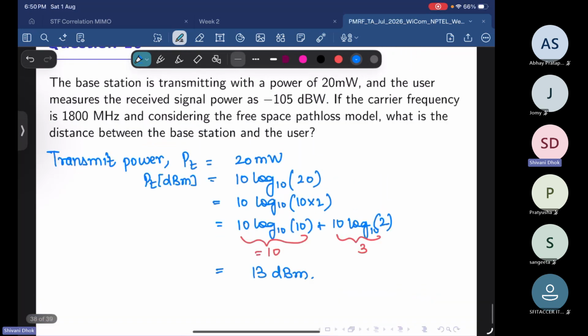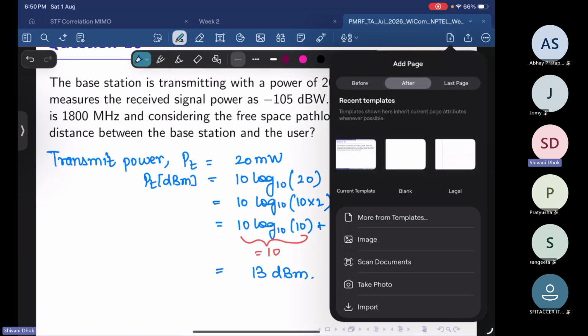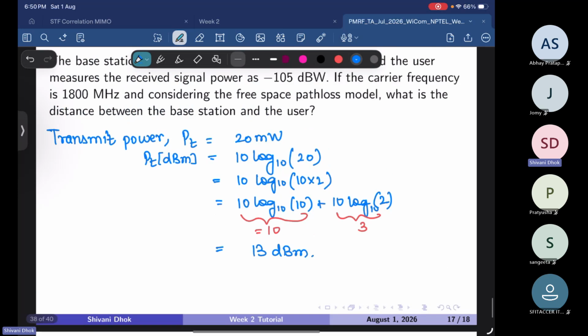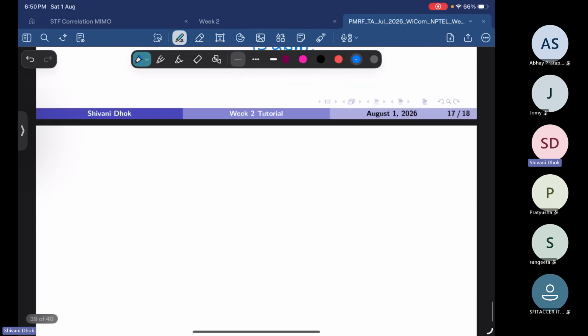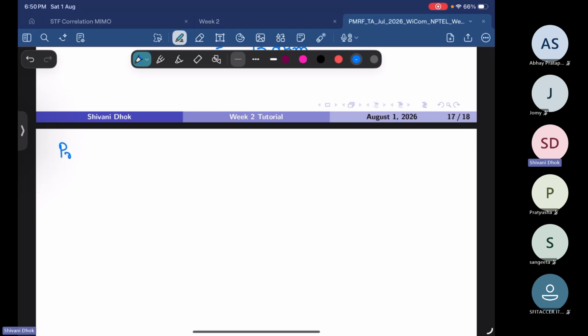So you have the transmit power. Then what is given to us? The user measures the received signal power as minus 105 dBW. So received power at some distance d in dBW is minus 105 dBW.